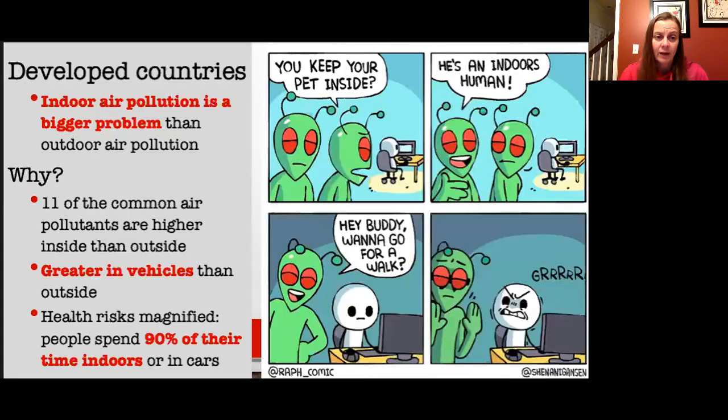Developed countries, on the other hand, indoor air pollution, even though we're not using combustion in our homes usually, or certainly not open combustion, is a bigger problem than outdoor air pollution. And that's simply because we spend so much of our time indoors. 90% of our time indoors or in cars.